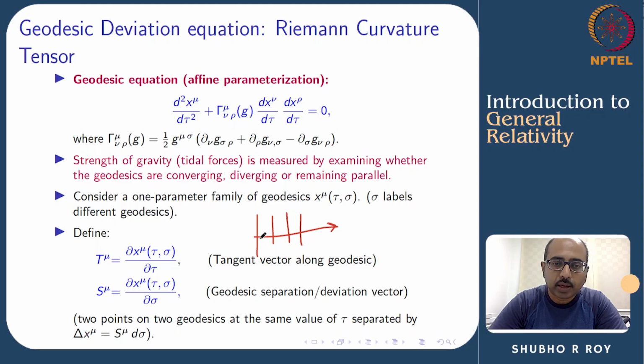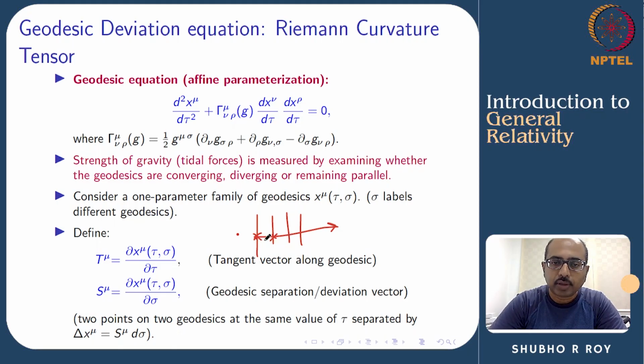In particular, if you have points which are labeled by the same tau, that is on different geodesics but with the same tau, for example, let me make two crosses. These two points have the same tau, but different values of sigma.